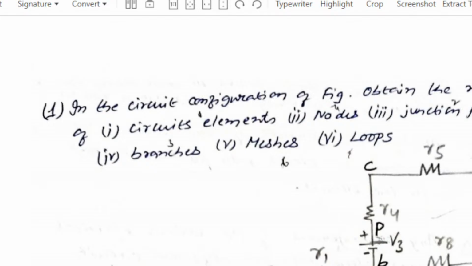Fifth one, branches. Sixth one, meshes. Seventh one, loops.